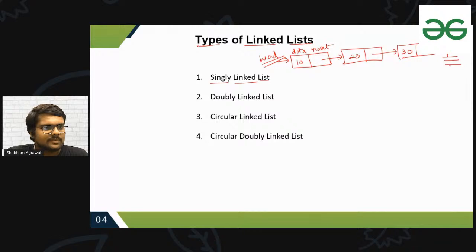In the singly linked list, from the head node we can go to the next node one by one until null is found. In this way we can traverse the linked list in one direction, from head to null, the end of the list.